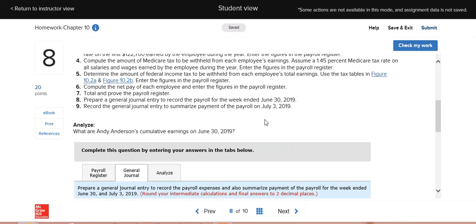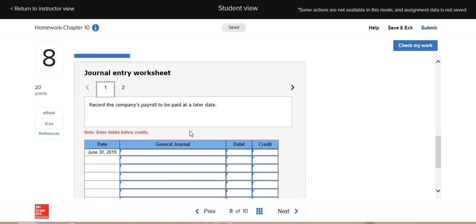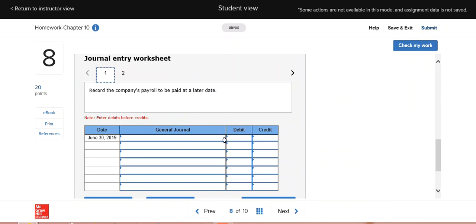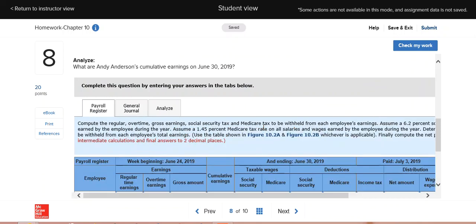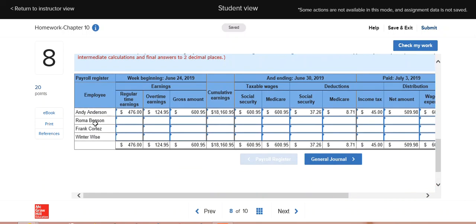All right, so to do that, we're summarizing the payroll in the first entry. So we're going to use the payroll register to do that. And we won't have the amounts because I didn't fill out every line, but you're going to go through the same process for those 4 people, and you can see how they're kind of totaling here at the bottom.